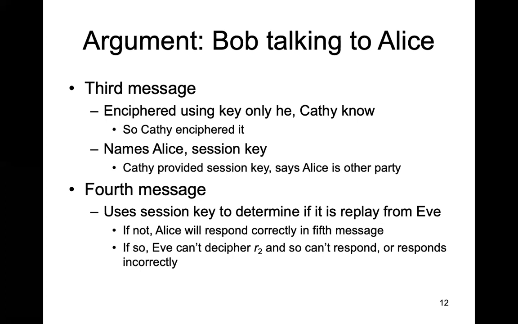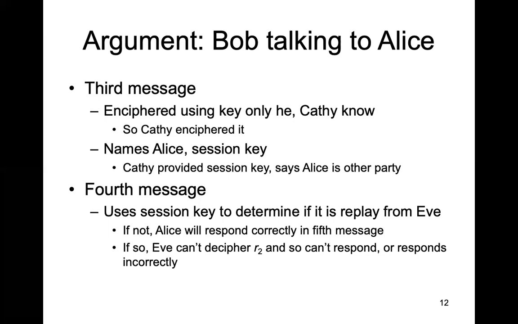It is Alice concatenated with this key KS, encrypted with KB. So Bob has the assurance that this session key was in fact provided by Kathy, and since it names Alice, it allows him to bind the session key to the identity Alice. It's for use in all future communication with Alice.